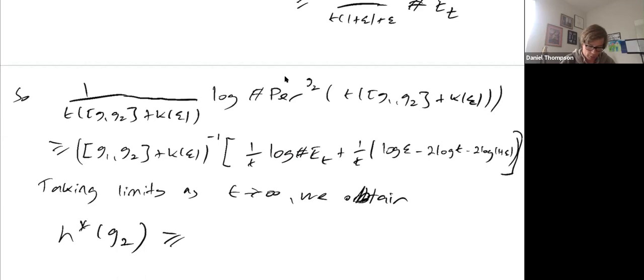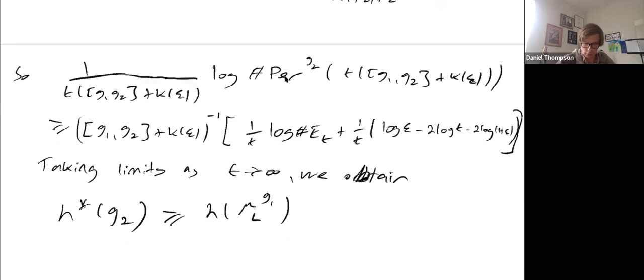This grew like the Liouville entropy of G1. That all just got killed. And of course, we're left with this term divided by G1, G2 plus K epsilon.